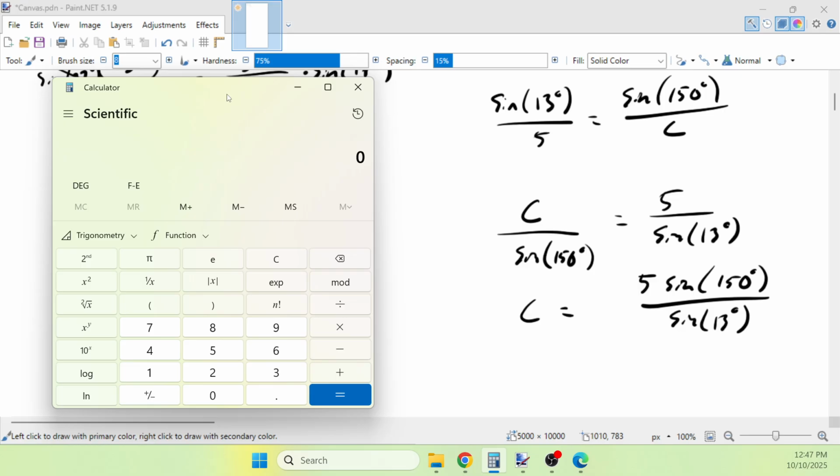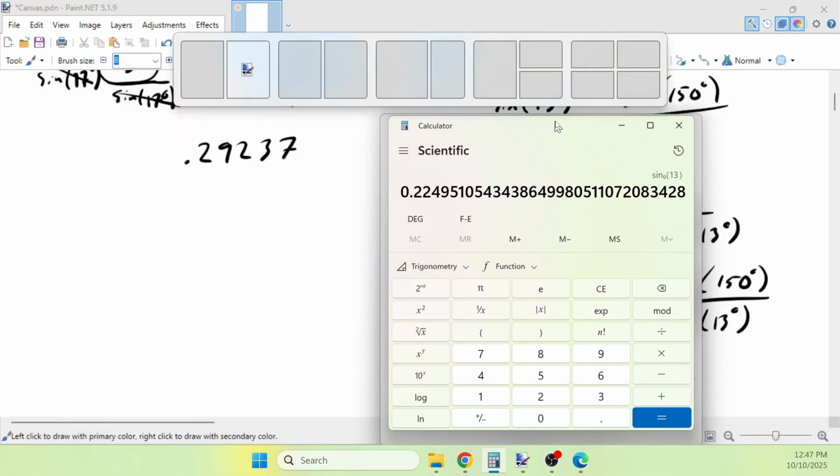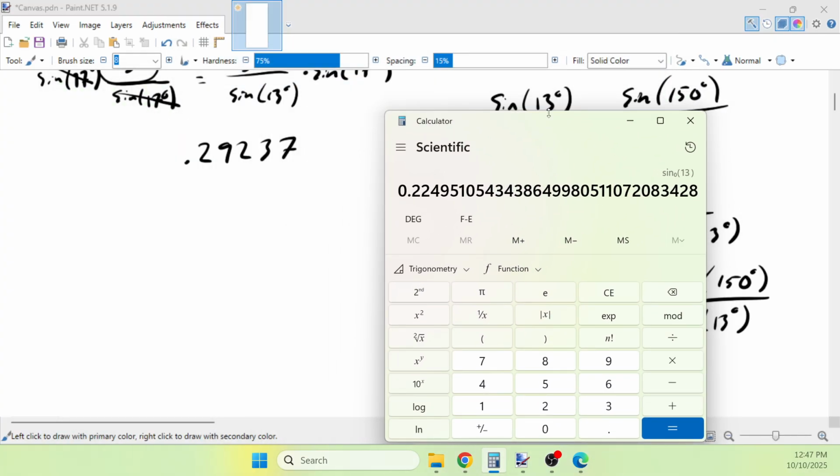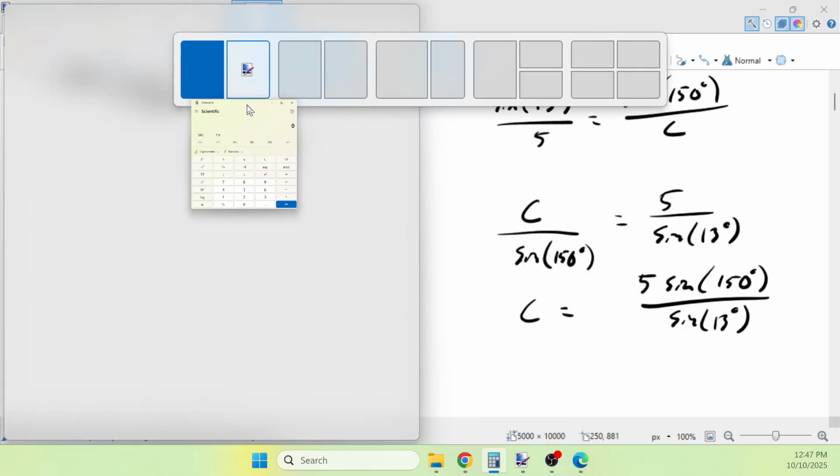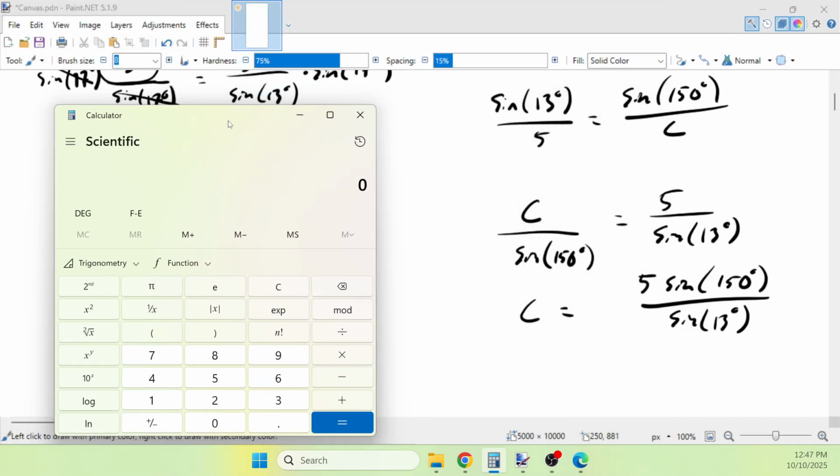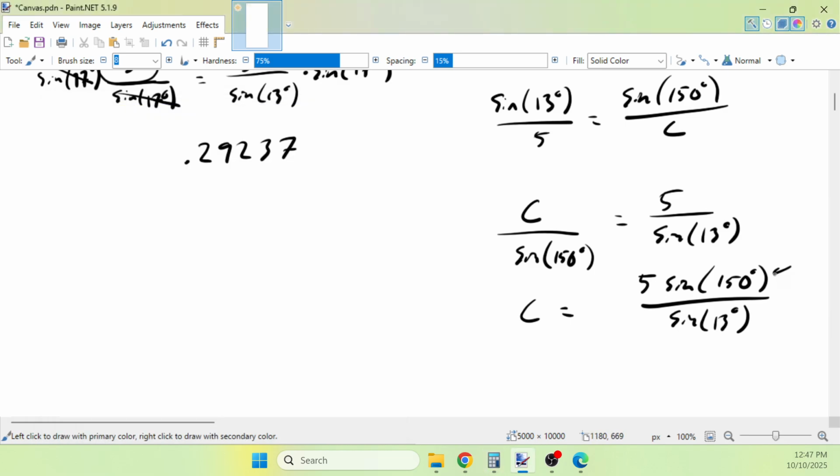So we want the sine of 13 like before. The reason that I'm doing the sine of 150 first is that it's going to be easier to multiply by whatever that value is as I plug it in because of the calculator.